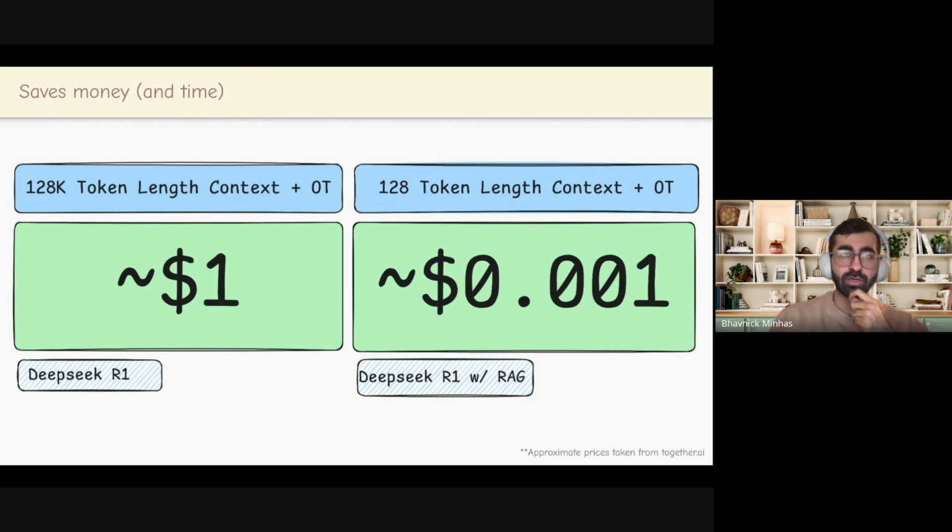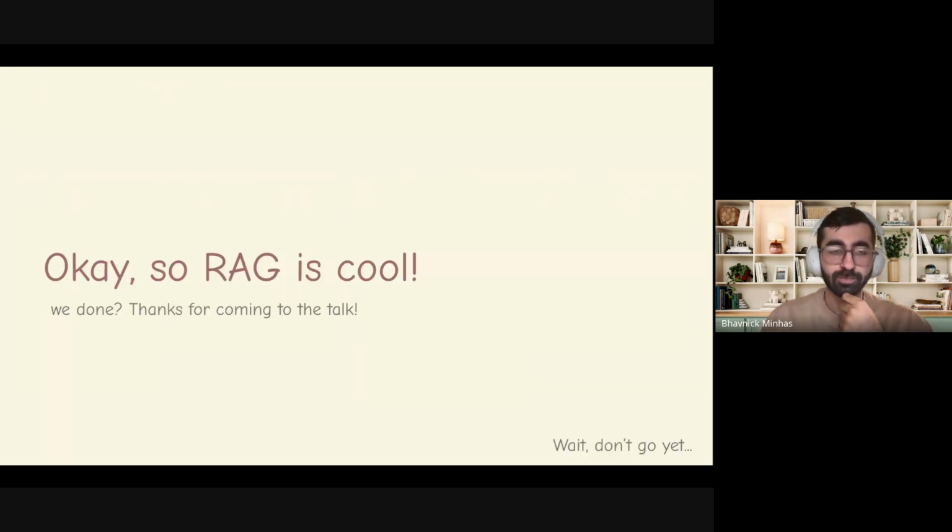But I'm not sure exactly what DeepSeek R1 does, if it does prefix or CLM for input tokens, but it costs the same. So if you basically give it less tokens, you're saving money and probably time as well. So probably going to get you faster as well, most likely.